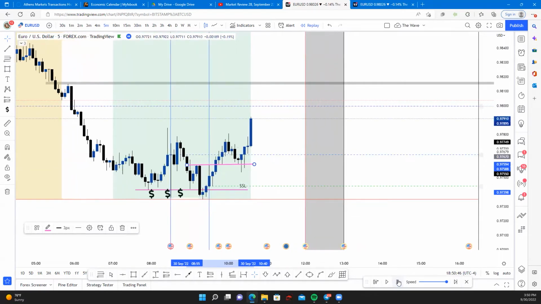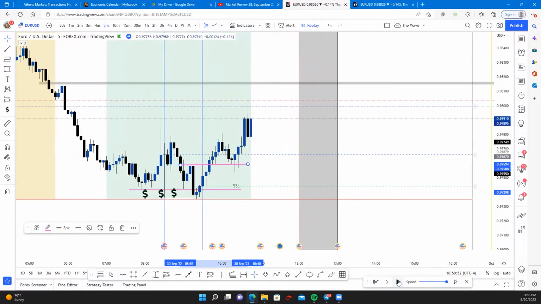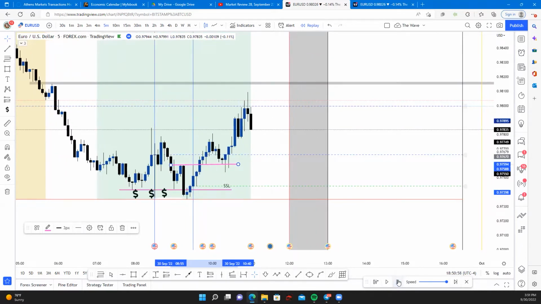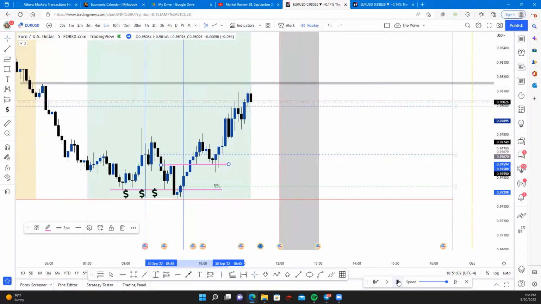Waiting. There's a push there. Now we have to wait for the next candle to see if a gap forms. No, price fills in there. Push up. Actually, you know what? I messed up here.